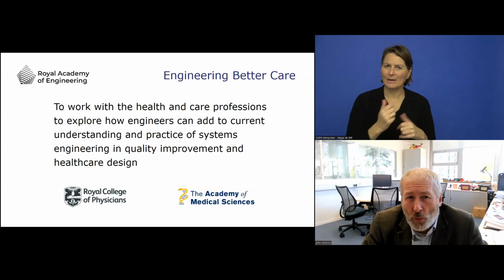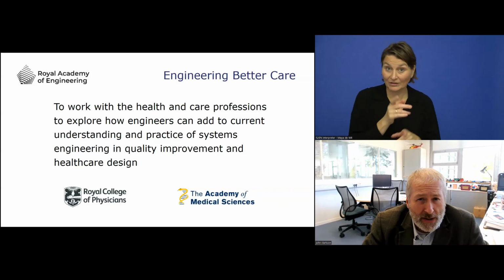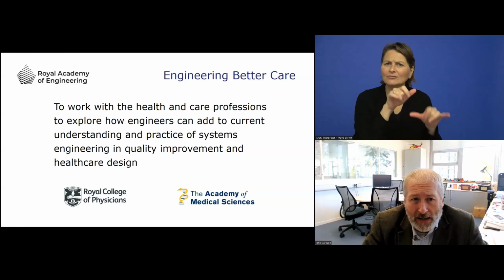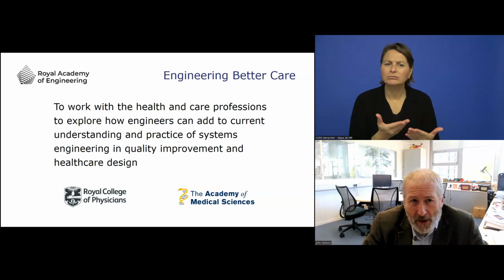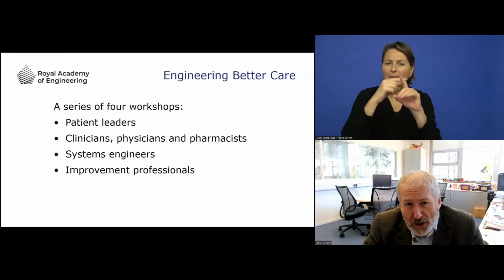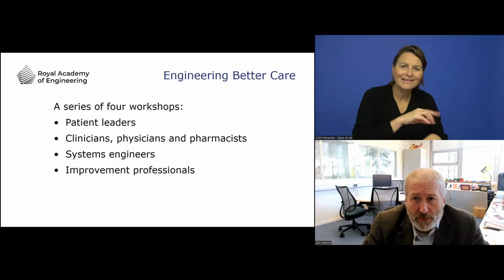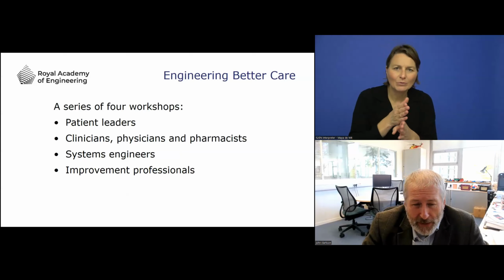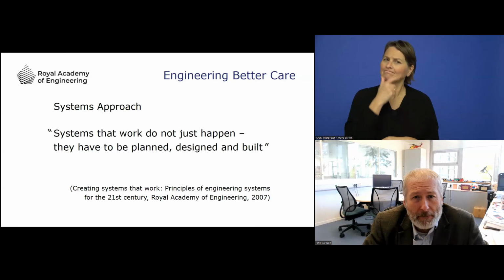So we had to work with the health and care professionals to explore how engineers can add to current understanding and practice of systems engineering in quality improvement and healthcare design. So we ran some workshops with patient leaders, clinicians, physicians, and pharmacists, systems engineers, and improvement professionals. And the challenge was interesting because systems that work do not just happen.